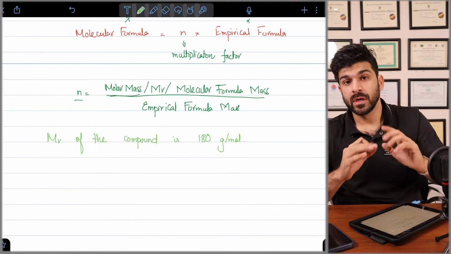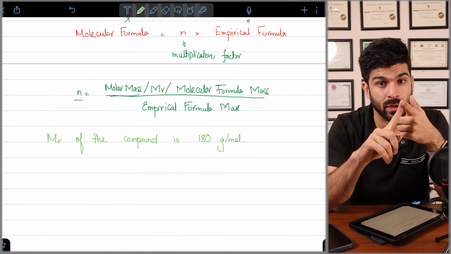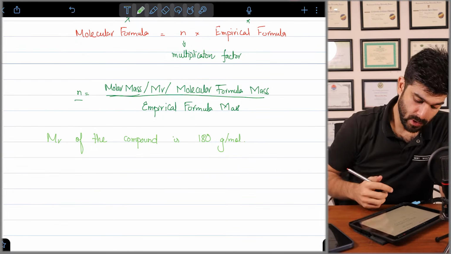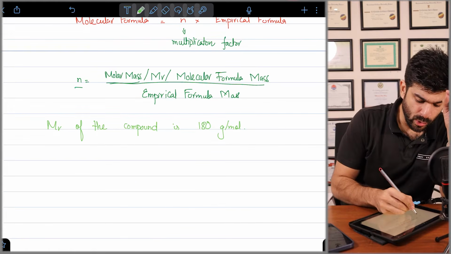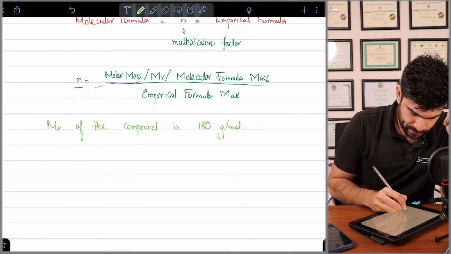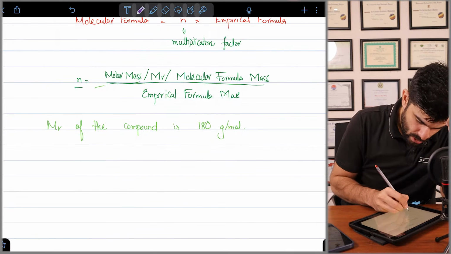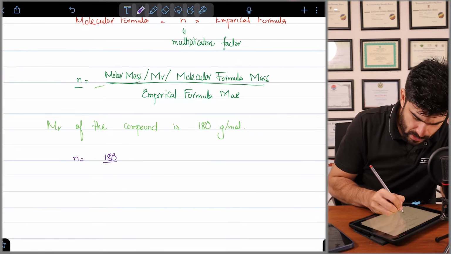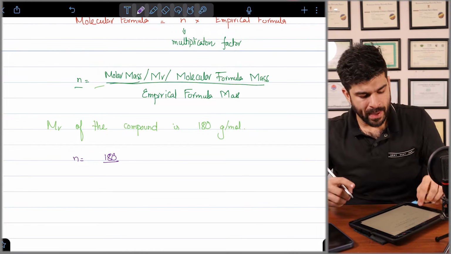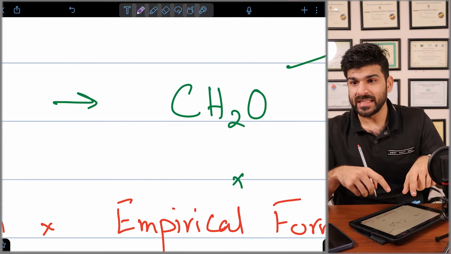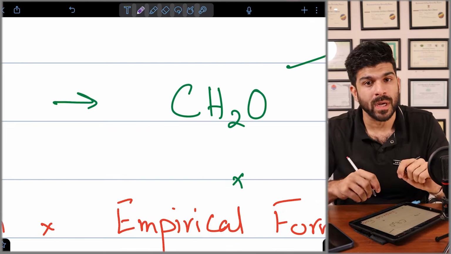We have the molecular mass now, which is the MR, the mass of 1 mole of the compound. So we are just going to put this value in this equation. At first, we'll find the value of n. So n equals, what is the MR? 180. Now, what is the empirical formula mass? You look at the empirical formula and calculate its mass.